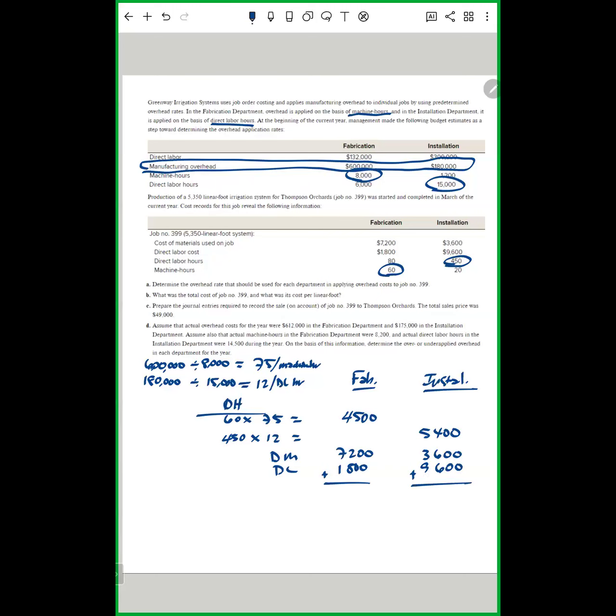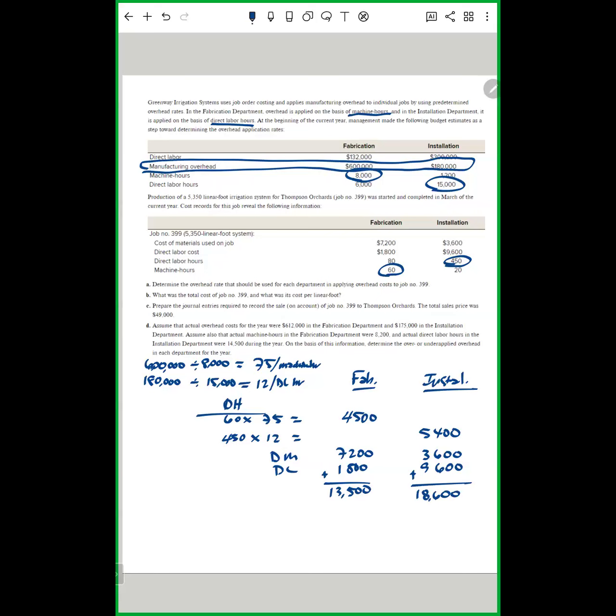All right, let's throw that into our calculator here. 4,500 plus 7,200 plus 1,800 gets me 13,500. And 5,400 plus 3,600 plus 9,600 gets me 18,600. So that's the cost in each department.